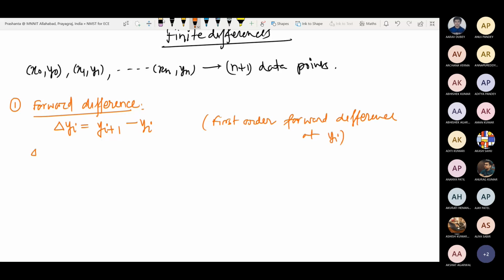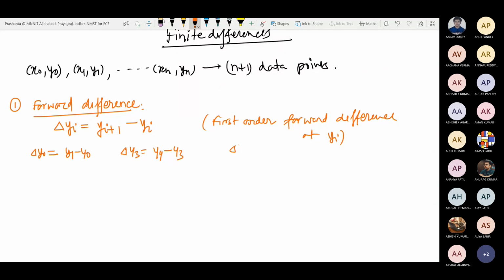Then tell me, what is delta y naught? Y1 minus y naught. Delta y3? Y4 minus y3. So you take a step forward minus take a step backward. So that is a forward difference.